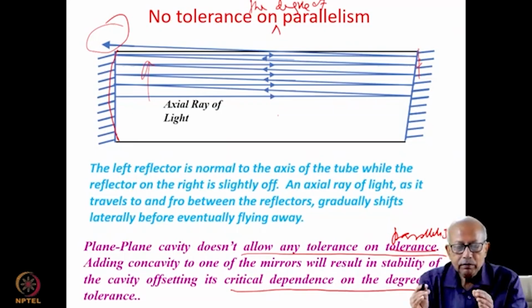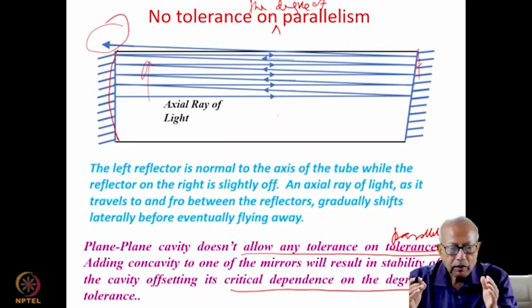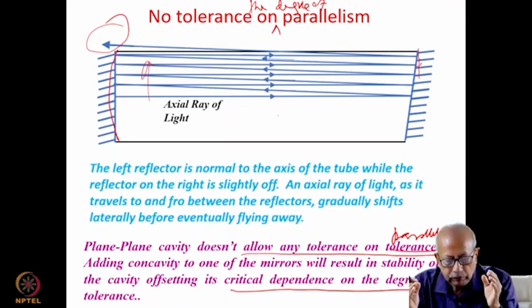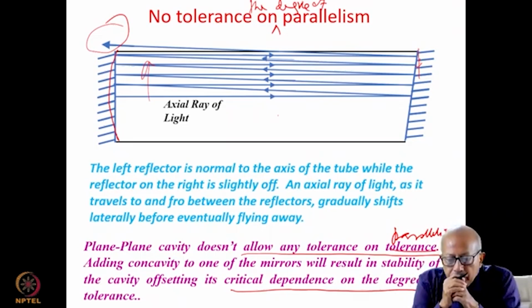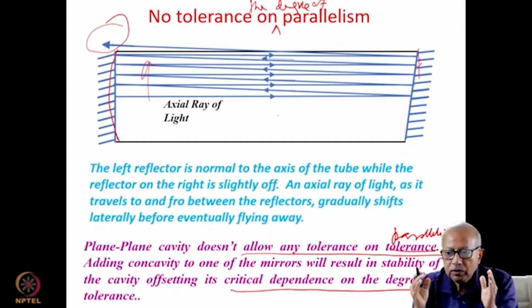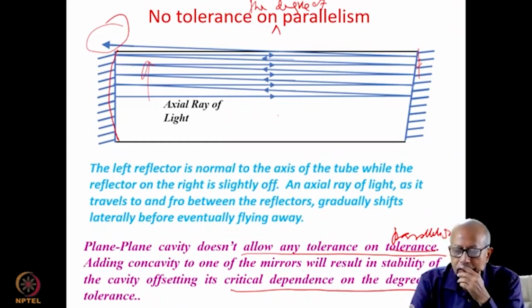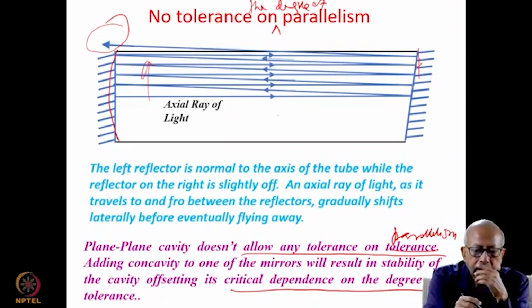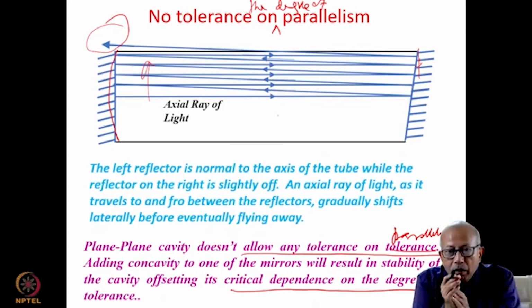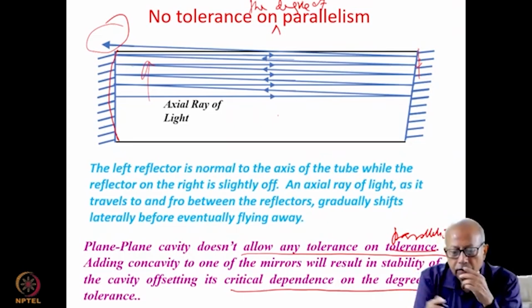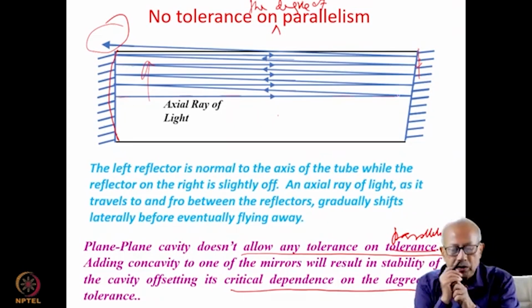So then, for the scheme to operate, we must have two mirrors. One could be plane, the other is concave, and both the mirrors are perpendicular to the axis, so they are parallel to each other.